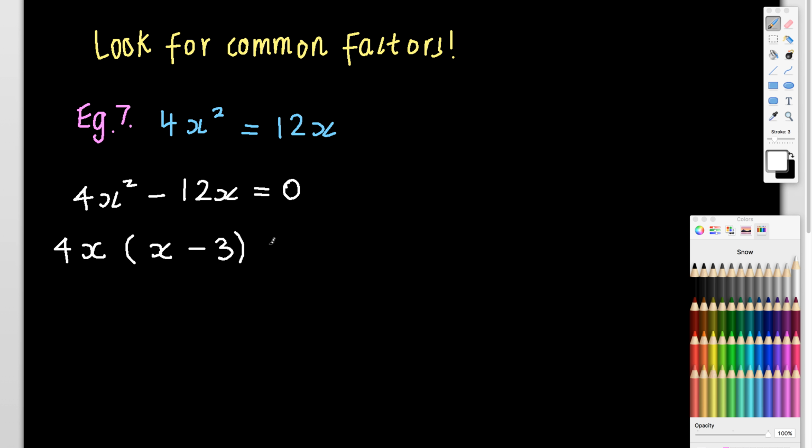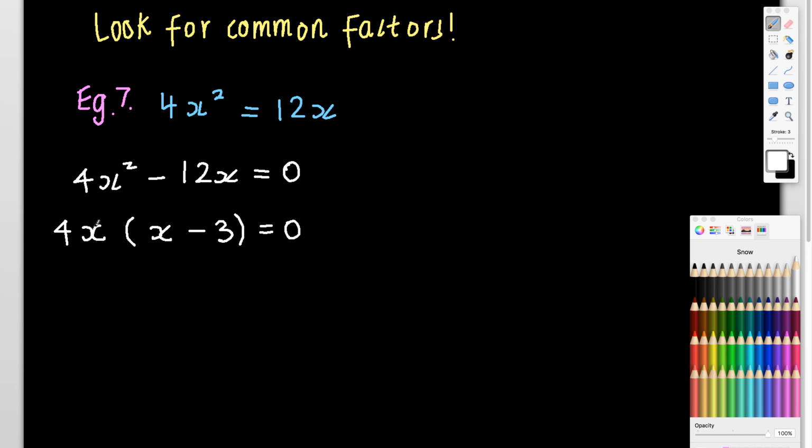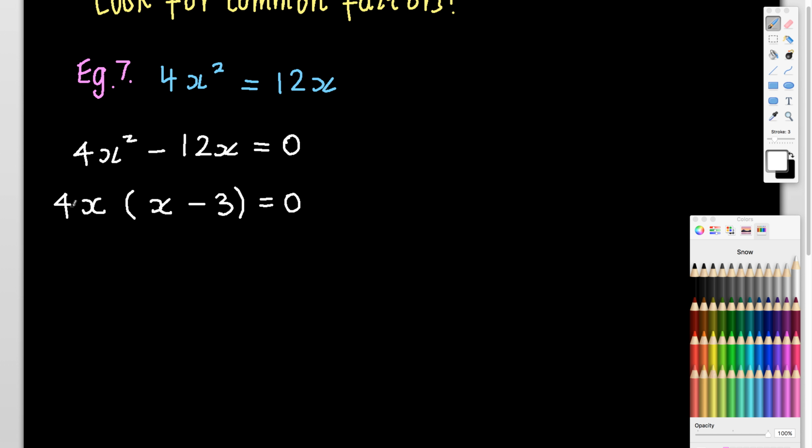That would be x minus 3. Now here, null factor law, again, either 4x is 0, that would mean that x is 0, or the x minus 3 is 0. Leaving us with our answer of x is 0 or x is 3.